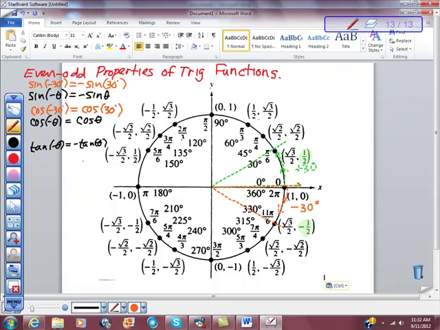That's what that says, right? So we test that, and the cosine value of negative 30 degrees is square root 3 over 2. And when we go to positive 30 degrees, it's square root 3 over 2.